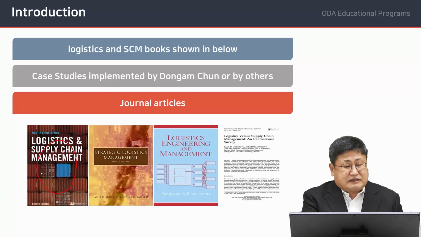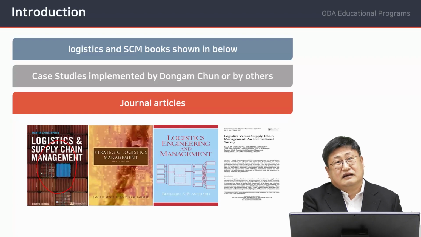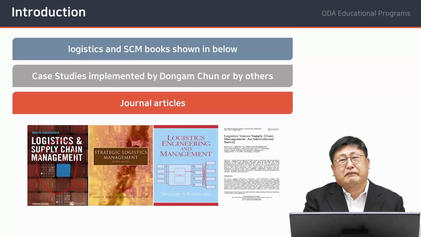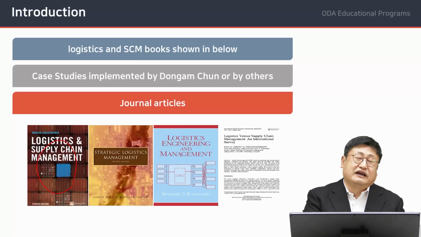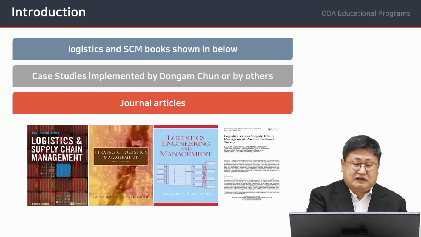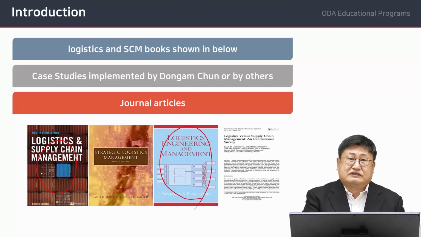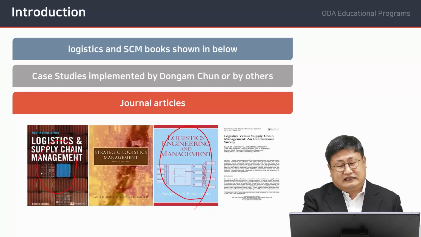Then Strategic Logistics Management by James Stock and Douglas Lambert, and Logistics Engineering and Management by Benjamin Blanchard. It focuses on operations research, that's OR, mathematical programming, something like that. This is the military logistics side. This is also a very interesting book, a little bit difficult to understand anyway.